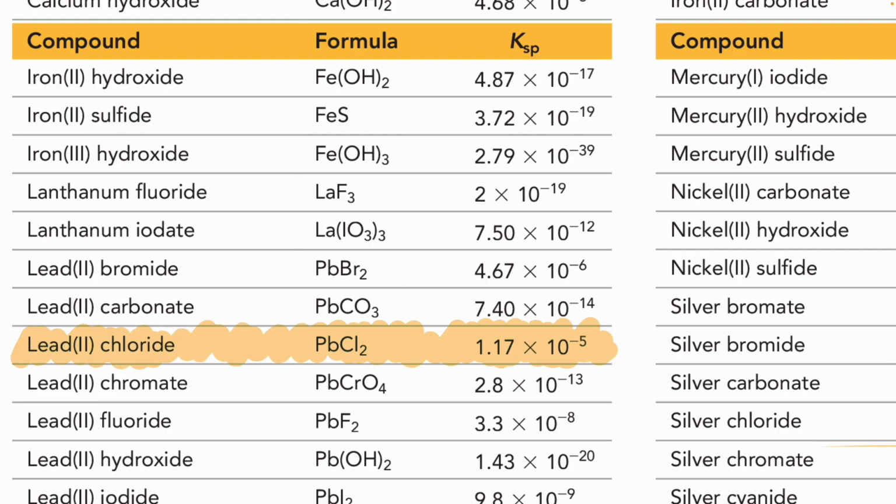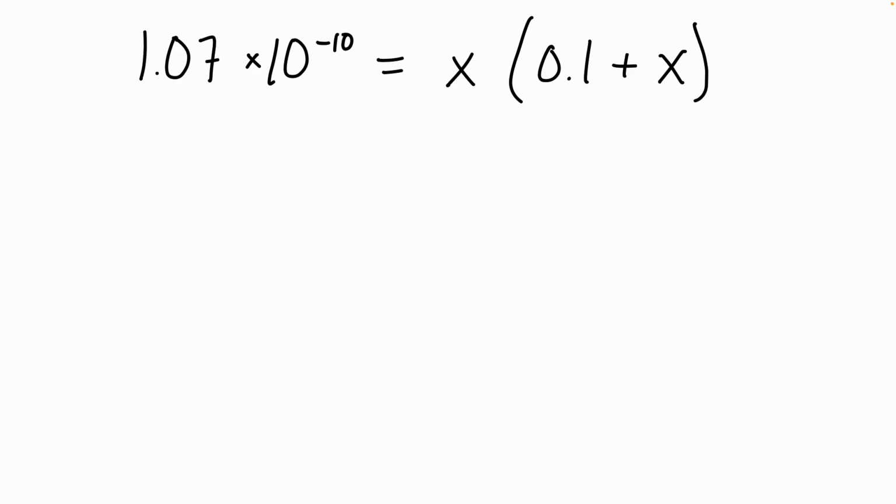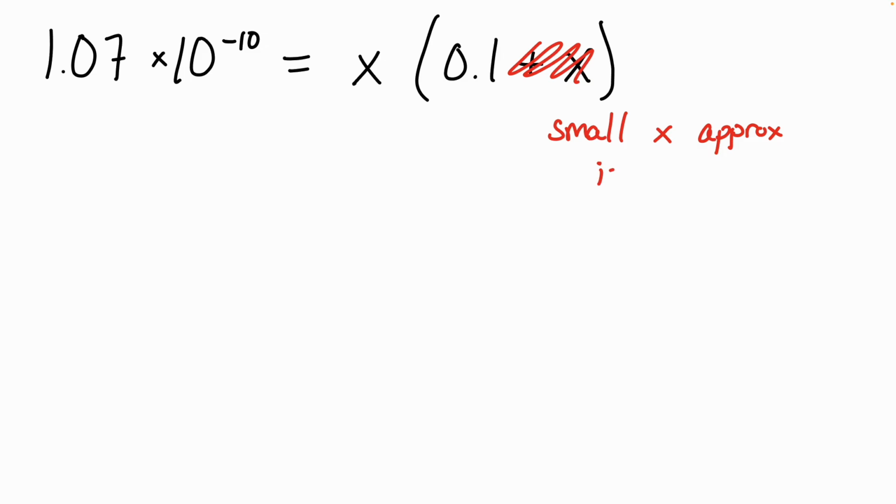Because of that, when we're talking about these KSP reactions, and it's really in the context of these common ions, we can use our small x approximation. We're going to say small x approximation is always valid for KSP problems, meaning that 0.1 plus x is basically just 0.1.